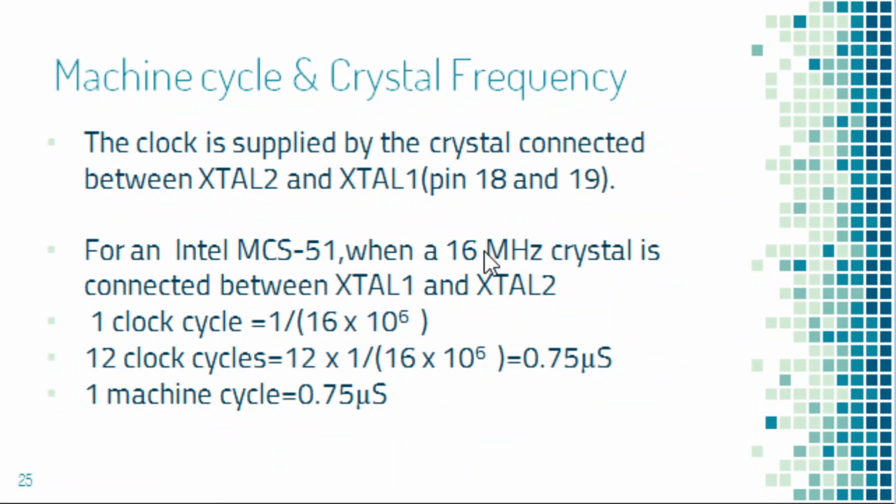When a 16 megahertz crystal is connected, one clock cycle is equal to 1 by 16 into 10 raised to 6. So 12 clock cycles will be 12 into 1 by 16 into 10 raised to 6, which is equal to 0.75 microseconds. So one machine cycle for an Intel MCS 51 will be 0.75 microseconds.